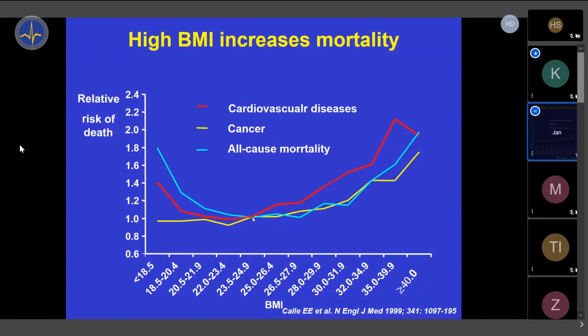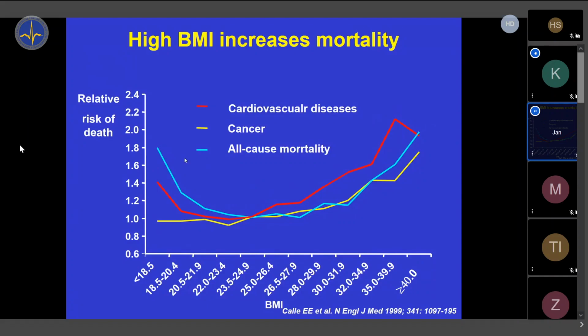This is why obesity is a concern in public health, because in theory we could prevent obesity and then prevent this excessive mortality. What is important to notice is that it is a U-shaped or J-shaped curve. People with very low BMI, under 18.5 or 19, are at increased risk of death, generally speaking. So this is a J-shaped or U-shaped relationship, not a linear one.